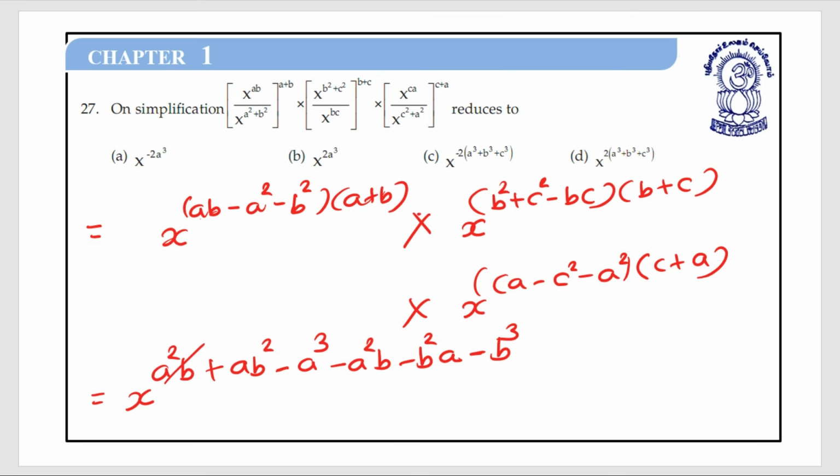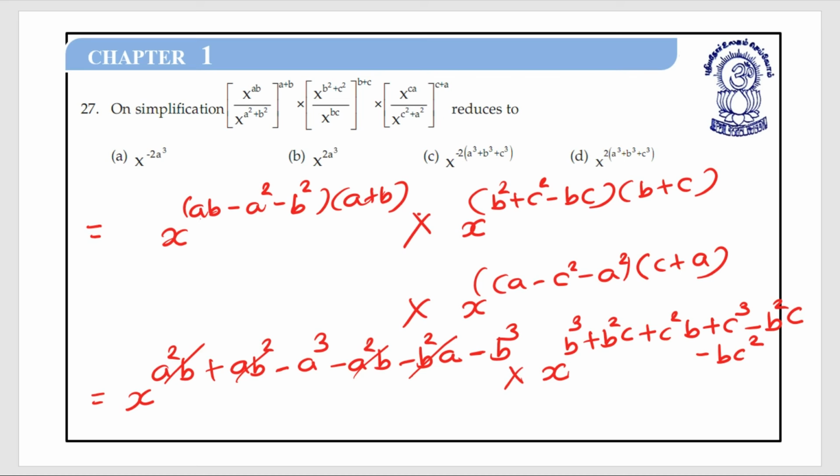So a square b minus a square b, ab square minus b square a, minus a cube minus b cube, into x raised to b square b cube plus b square c plus c square b plus c cube minus b square c minus bc square.